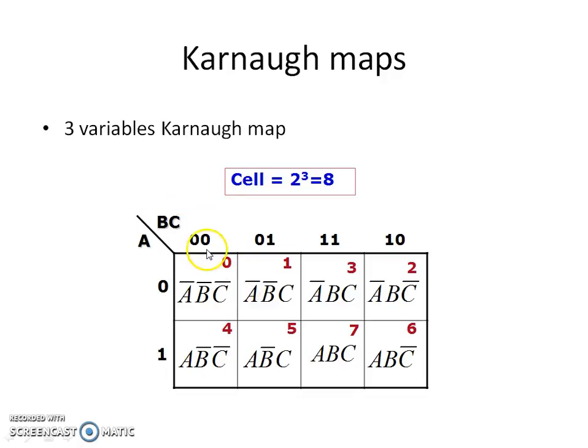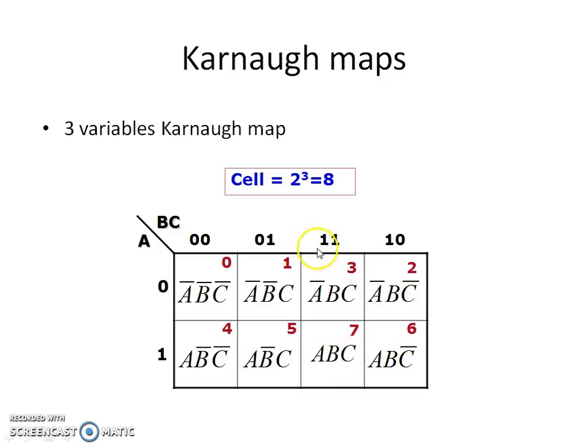Then we have 4 combinations 00, 01, 11 and 10. The first column is b equal to 0 and c equal to 0, so b bar, c bar. Here b is equal to 0 and c is equal to 1, that means b bar c. Then the third column, b is equal to 1 and c is equal to 1, that is bc.